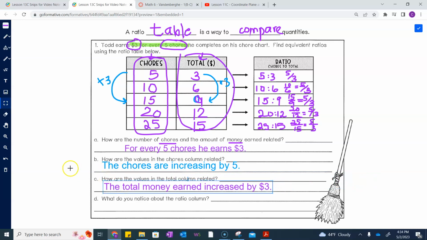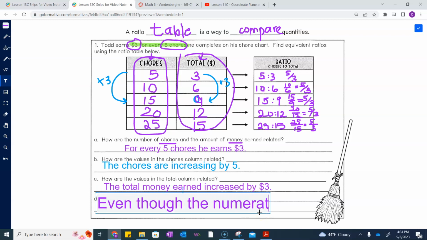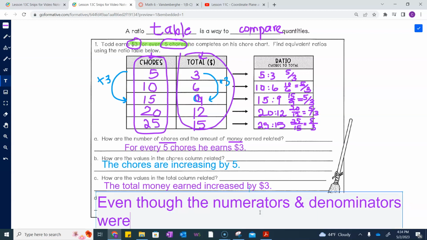Okay, question D, what do you notice about the ratio column? Well, you should notice that even though the numerators and denominators weren't the same, the ratios were equivalent.